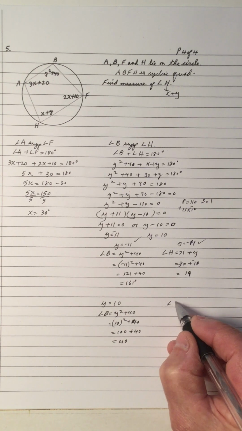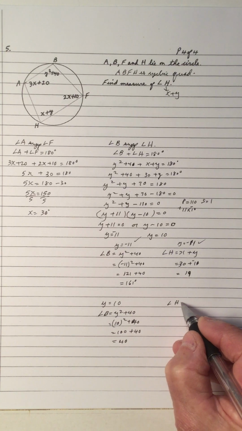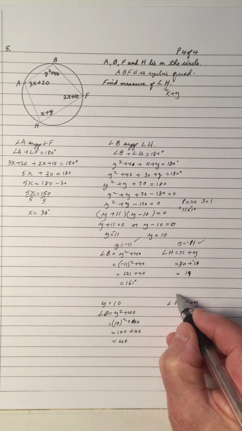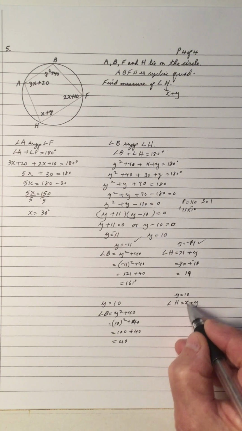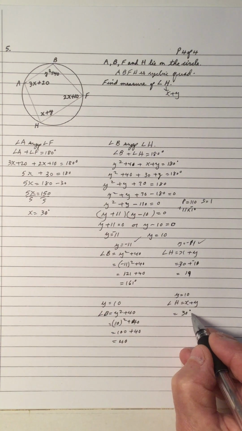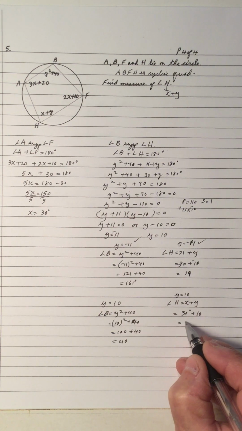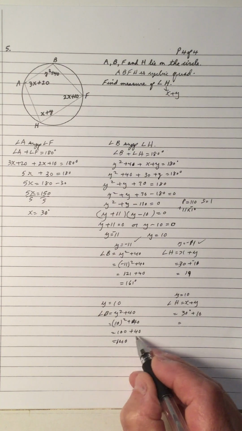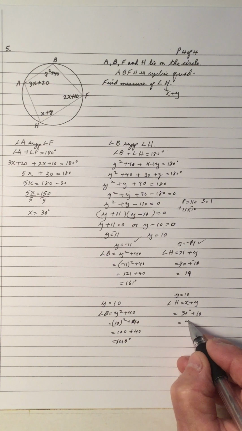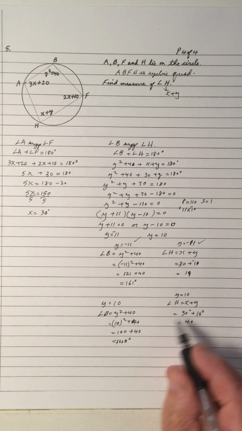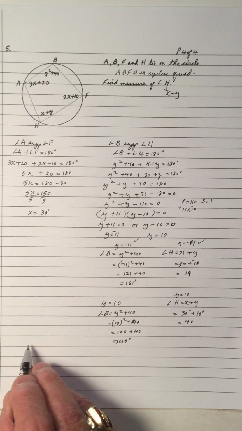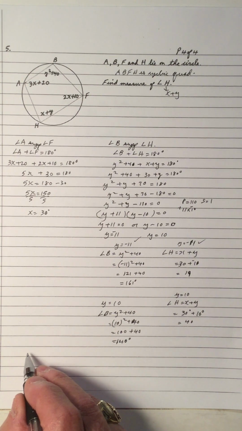And angle H is equal to x plus y. Remember, we're doing y is 10, so x is 30 and y is 10, and that adds up to 40. And they're supplementary, since 140 plus 40 is 180.